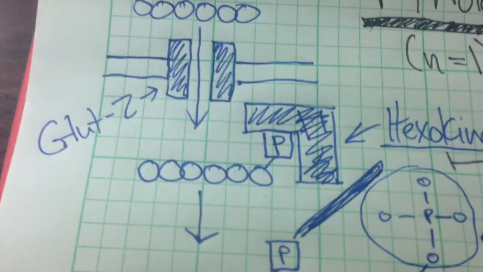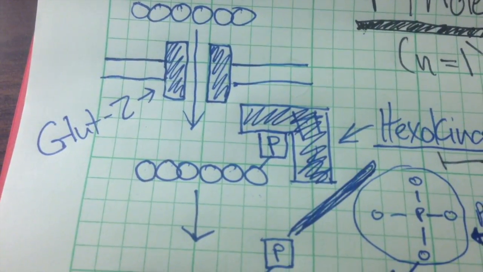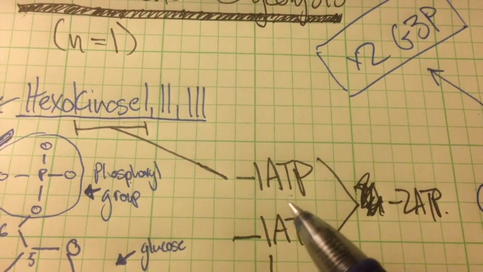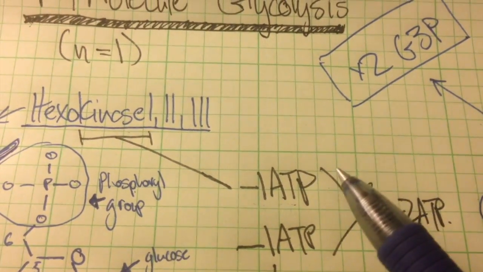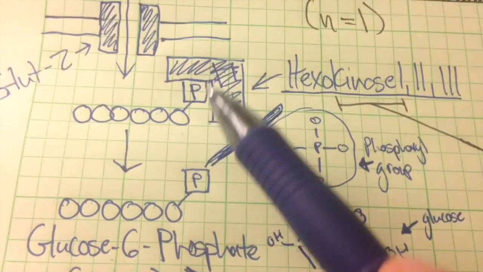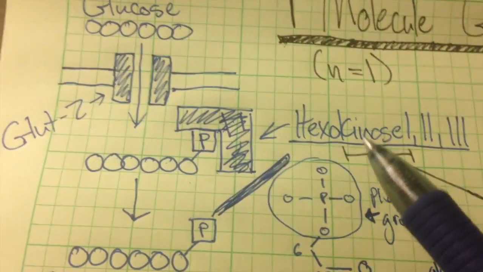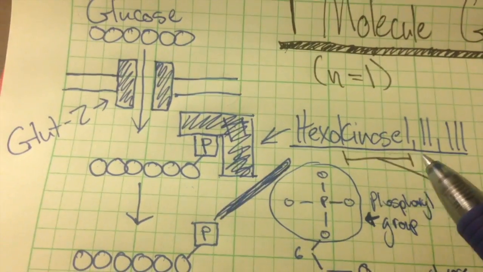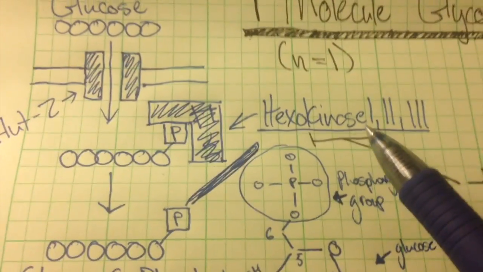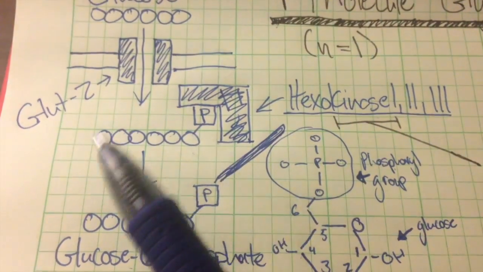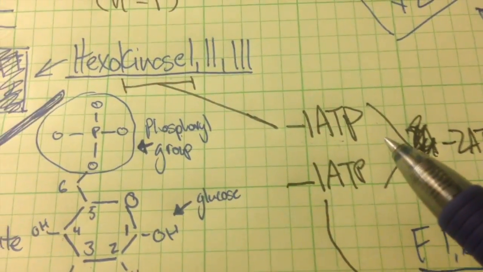Remember that ATP is adenosine triphosphate, and we're going to cut the tri and make it a di, so from 3 to 2, and we're going to transfer that phosphoryl group onto our glucose. So we do that twice, right? We have our hexokinase, our first step, our hexokinases 1, 2, 3, and also 4. And that's going to phosphorylate our glucose. So that's going to cost 1 ATP, so that's minus 1 ATP.